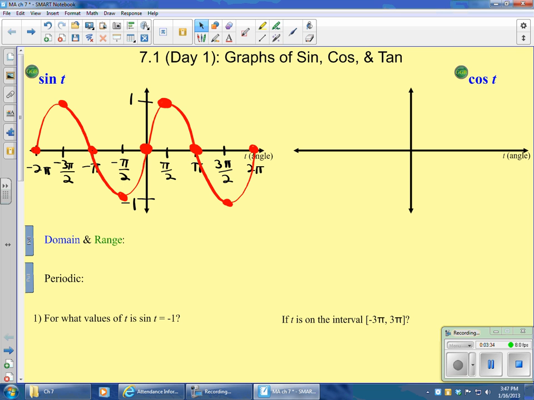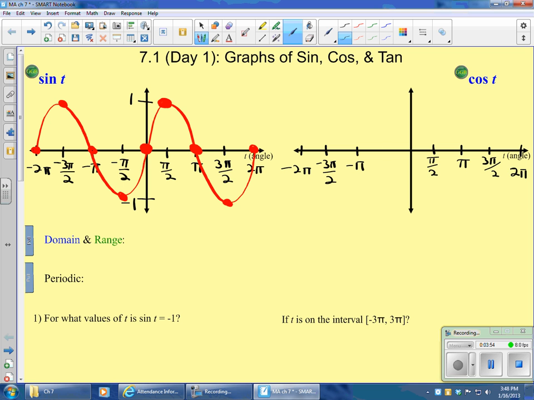Cosine is very similar. First thing we want to do is mark up our diagram, our graph, with my increments. Again, I'm going to go with every pi over 2. So again, this is exactly the same as it was on the sine graph.